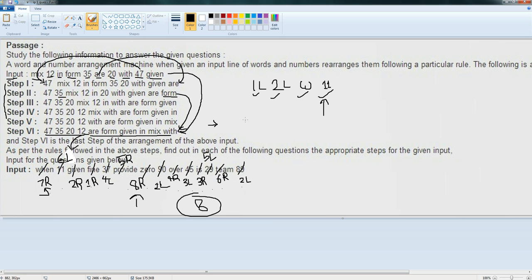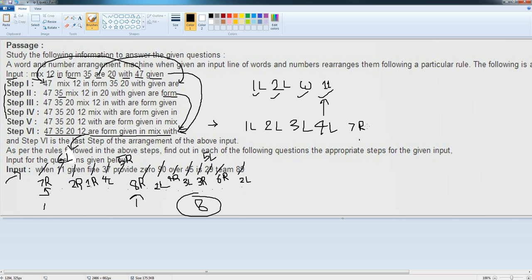The first element will be first left, then second left, then third left, then fourth left, and then the elements appearing as in the input having value greater than 4 will be written. So now we have "when", or you can write its number also, 7R, because it will be appearing here only in step 4.